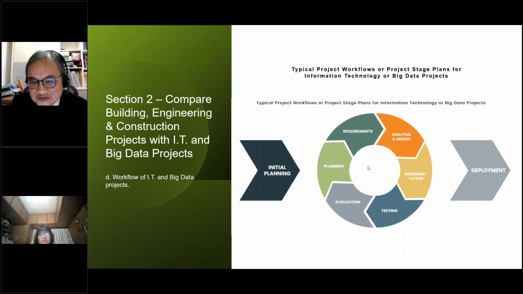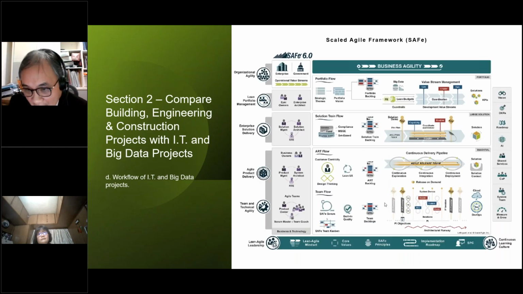And in terms of a very large and a very complex IT and big data project, we may involve many departments and many IT and big data teams working together.